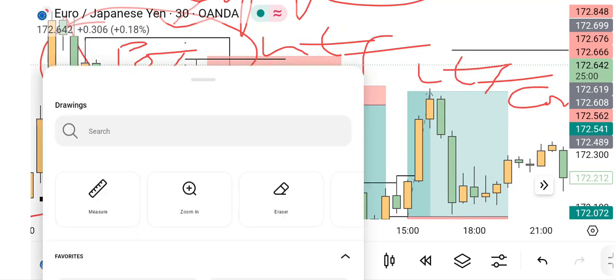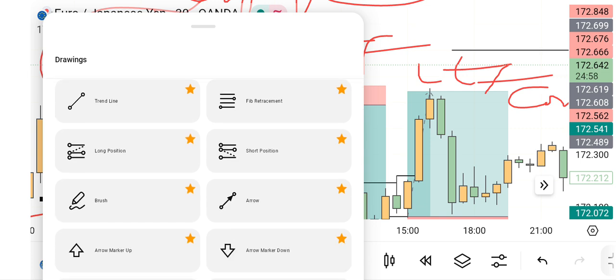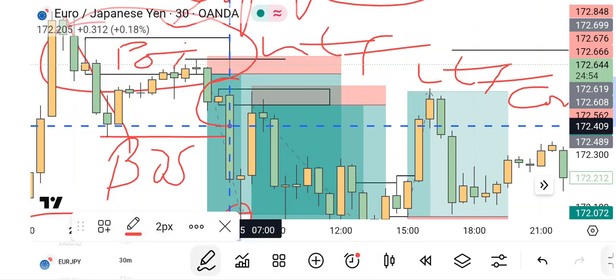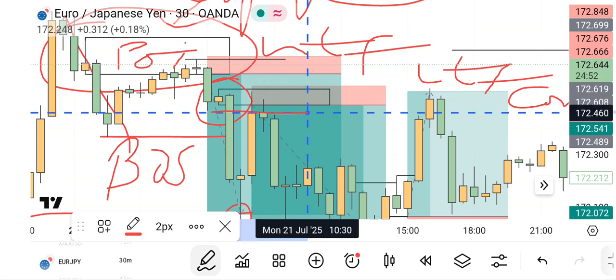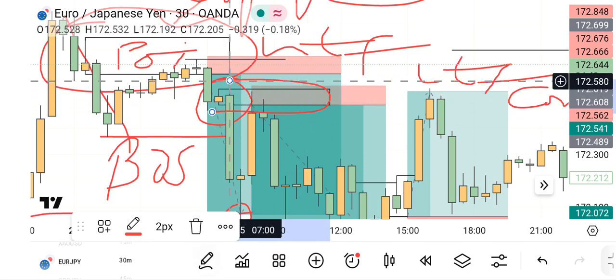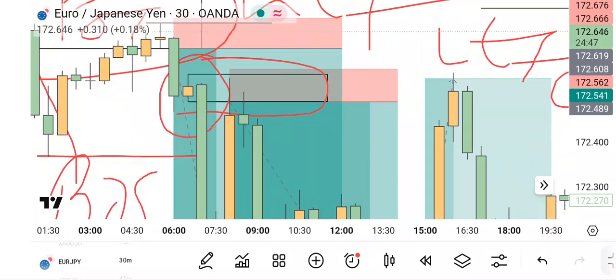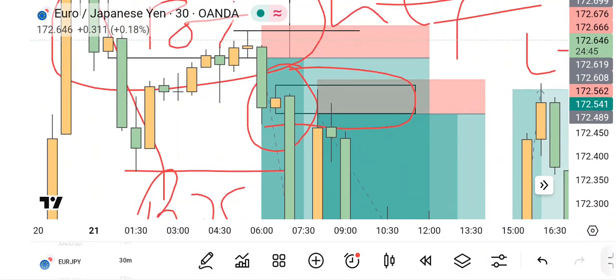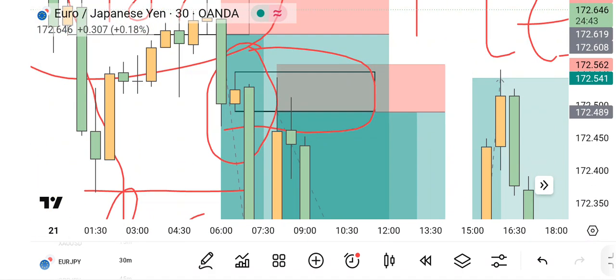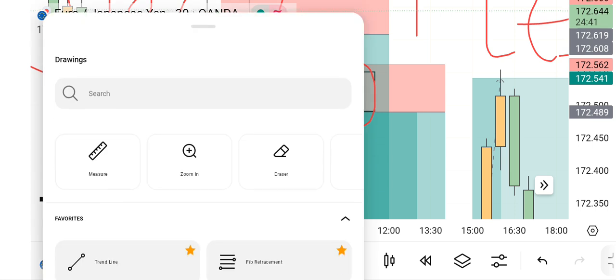So the price came back to this zone, which is the supply zone here. This zone. So if you check well, you can see this supply zone is just like bearish engulfing.